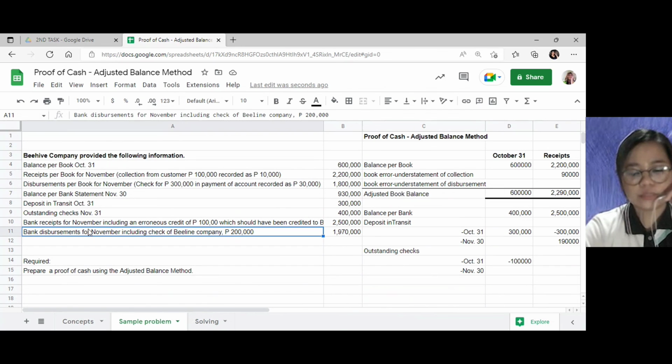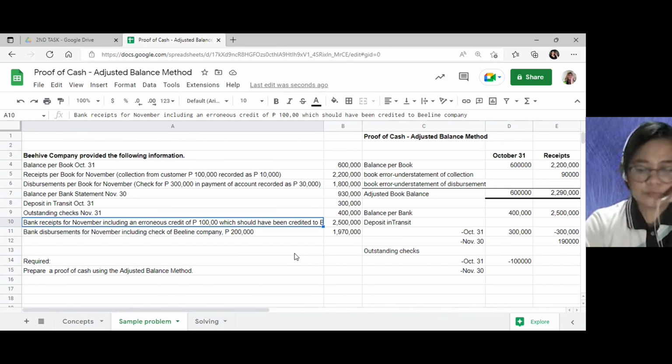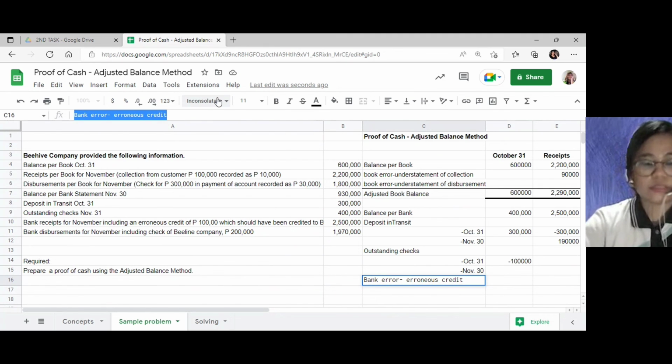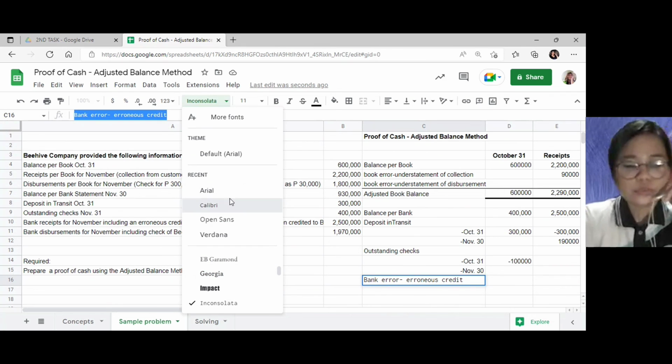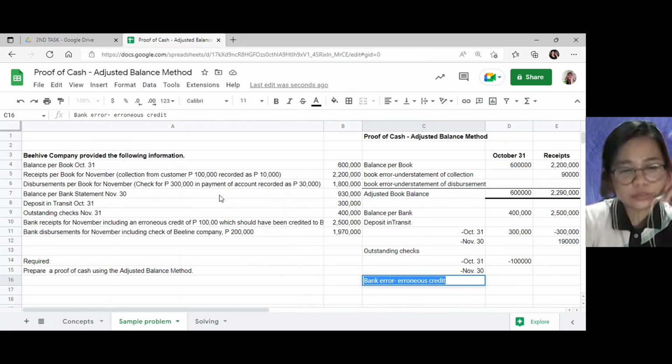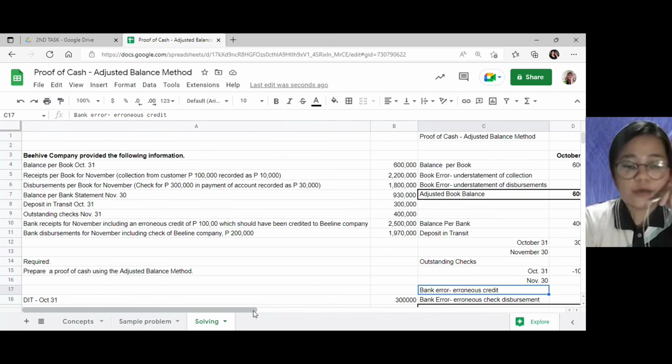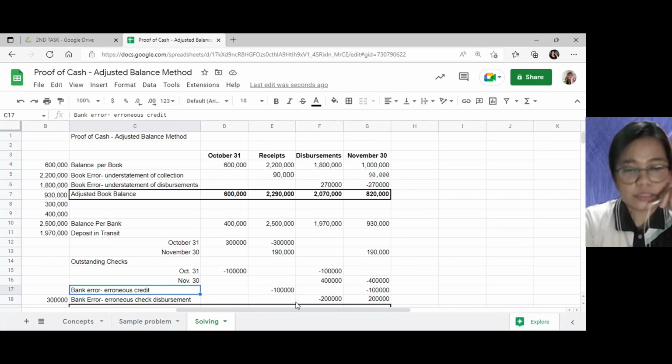So to correct that, we will just have to deduct the 100,000, okay? So now, asan siya nag-effect? May effect ba siya sa receipts or sa disbursement? So, nung credit nung bangko yung 100,000, of course, affected yung kanyang bank credits. Affected ang kanyang bank receipts.